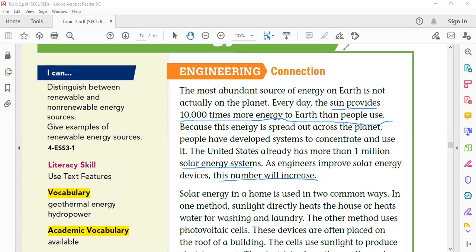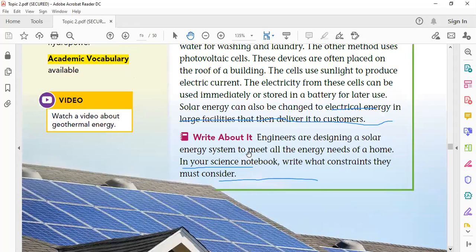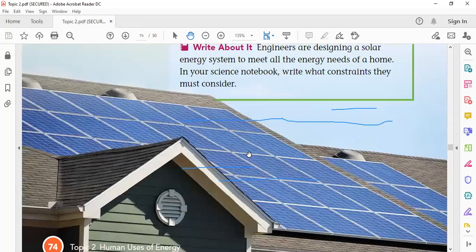Okay, do you know the solar panels? Have you ever heard of solar cells? There are many people in Jordan who use them. These panels capture the sunlight, and these panels convert solar energy into what? Into electrical energy.